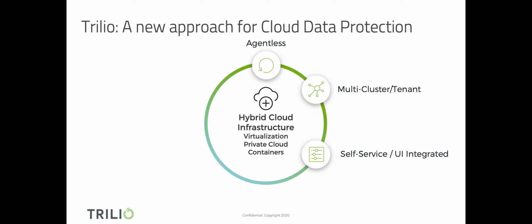Multi-cluster, multi-tenant. It has to work with multi-tenant. In other words, if you wrap the self-service element into this, it's a self-service multi-tenant product where we are fully integrated into those platforms. If we showed you the screenshots, in fact, you can go back a few slides, you would have seen the screenshots. They're actually Trilio parts of those platforms.